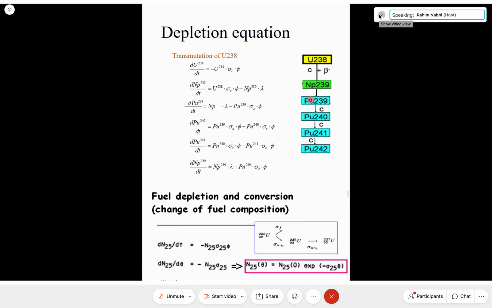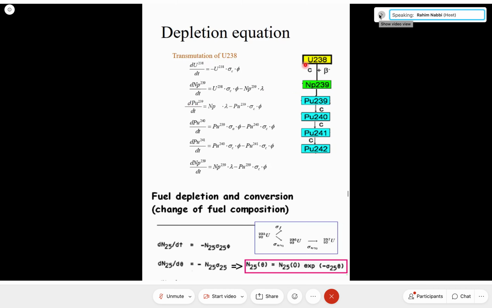this means for every individual nuclide, we have to write a balance equation for the production and for the loss. Production is mainly because of captures or decay of other precursors, for example, and the loss term is mainly because of decay, depending on half-life.